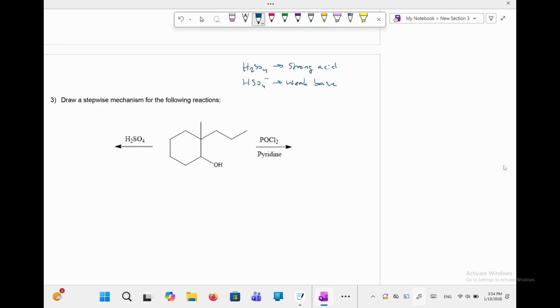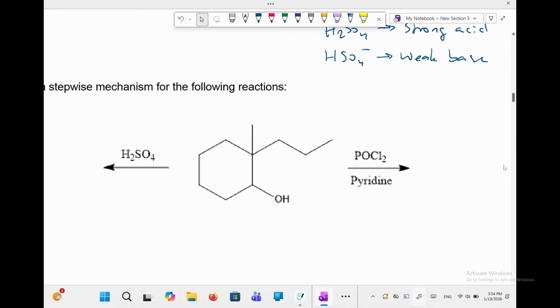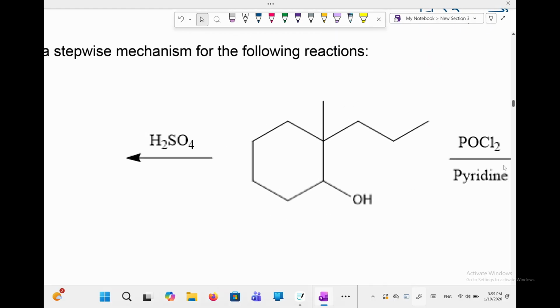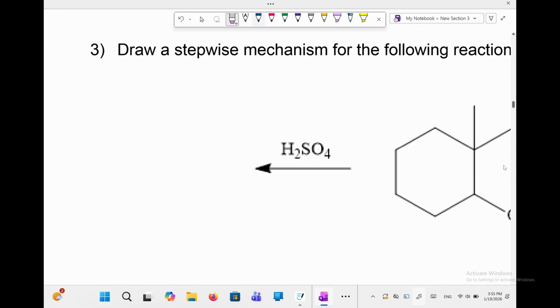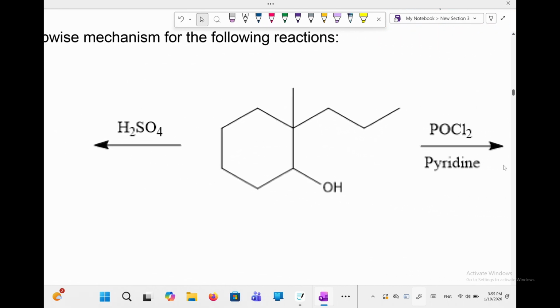And if you remember, bases tend to do elimination reactions. And if we have a weak base, like alcohols or water, they like to do E1, right? So we're going to expect rearrangements, etc., right? So let's just do one with the sulfuric acid first.